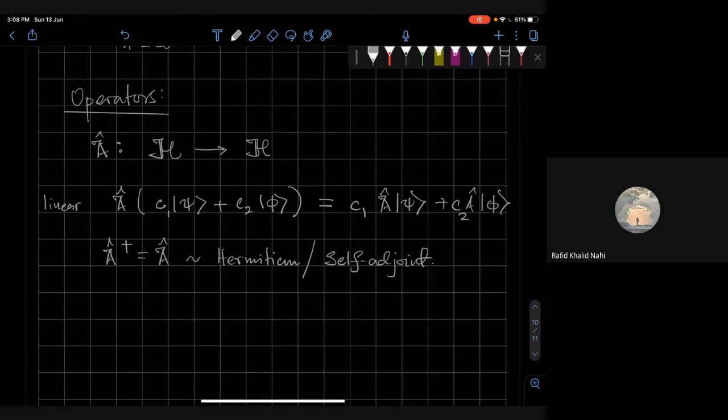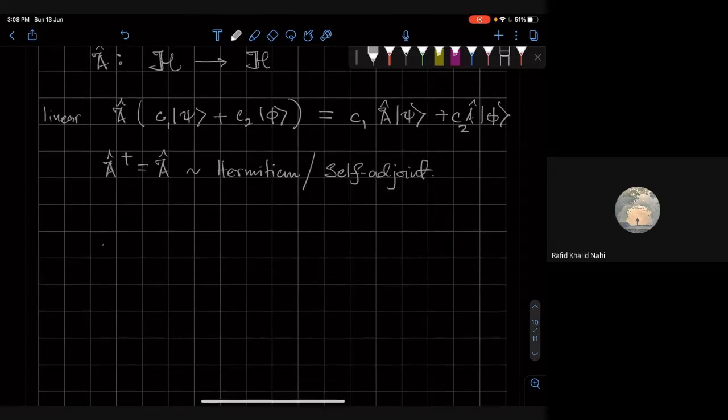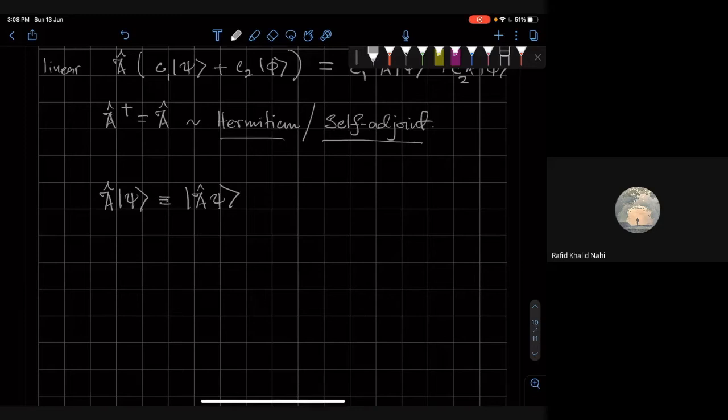As I defined, an operator acting on psi will give me another ket, right? So let me write that ket as A psi. This is a notation. I'm going to define what a Hermitian or a self-adjoint operator is using this notation. First, let us define what an adjoint of an operator is.